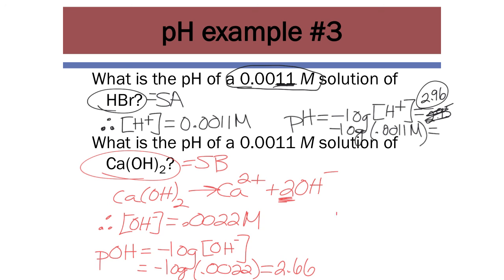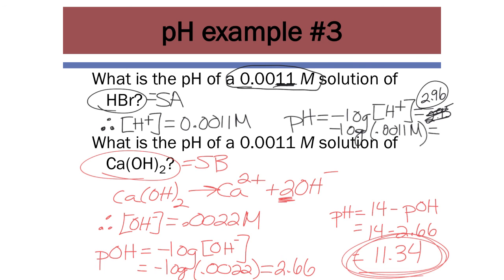In order to find the pH, it would be 14 minus the pOH, since they add up to 14. So it would be 14 minus 2.66. So the pH would be equal to 11.34, which makes sense since we are dealing with a base.